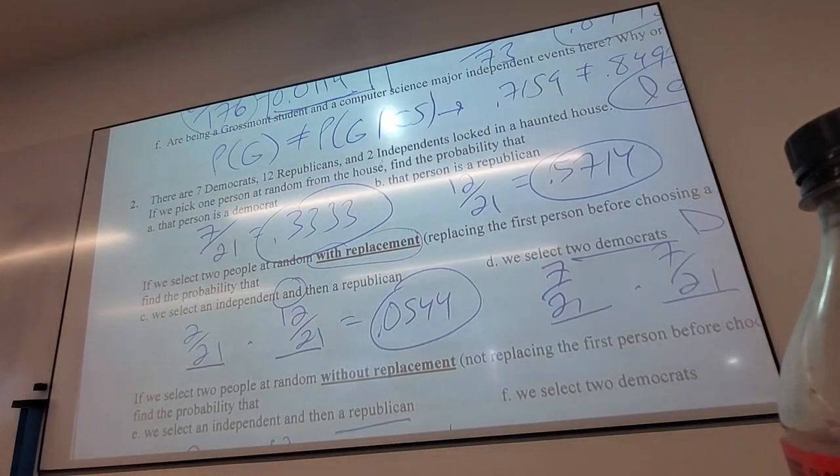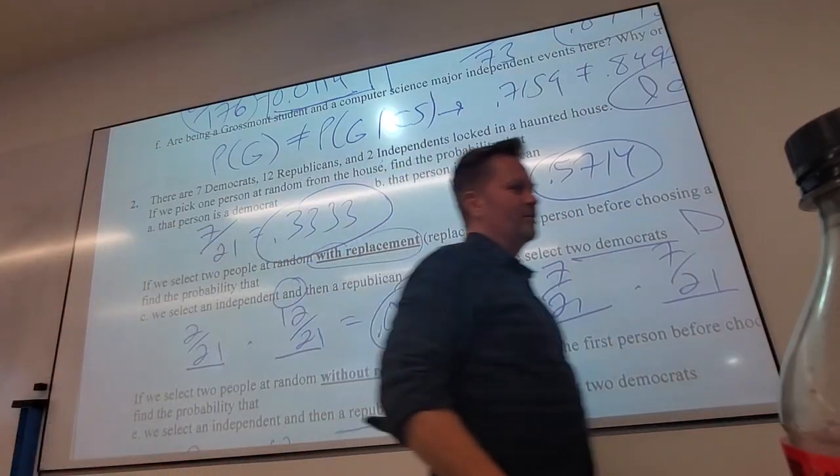But if I just said what's the probability to pick a Democrat, that is not it. If I had said, what's the probability you pick Bob the Democrat out of the Democrats, that's 1 out of 7, unless there's 2 Bobs. Because I know I'm picking out of the Democrats, so I know the bottom is 7. If I just say what's the probability to pick a Democrat, it's the total number of things that are Democrats divided by the total number of things. I'm going to call them people. I'm sorry, they're people. For a moment, they were things.